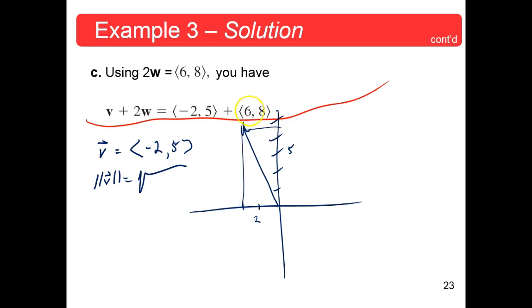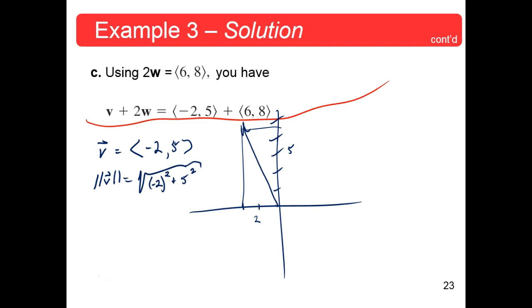Either one of those two is the hypotenuse. Tell me you don't know Pythagoras. Square root of what? It's the square root of negative 2 squared plus 5 squared.